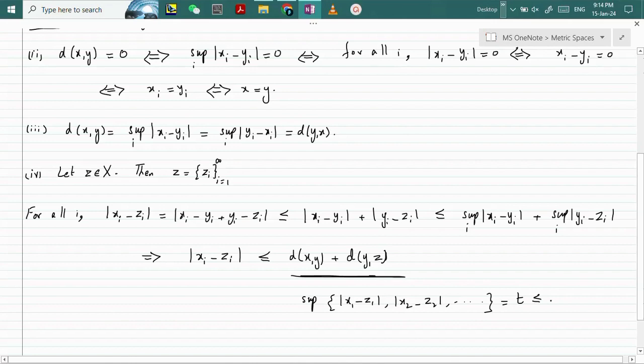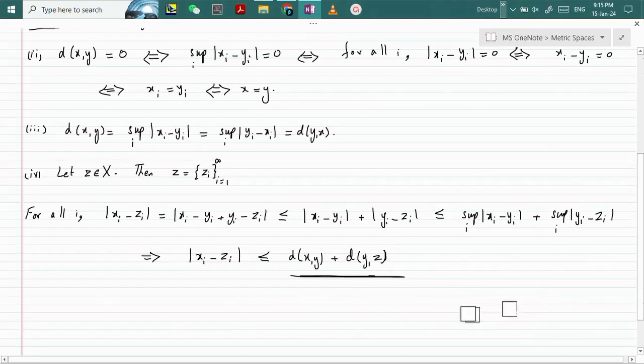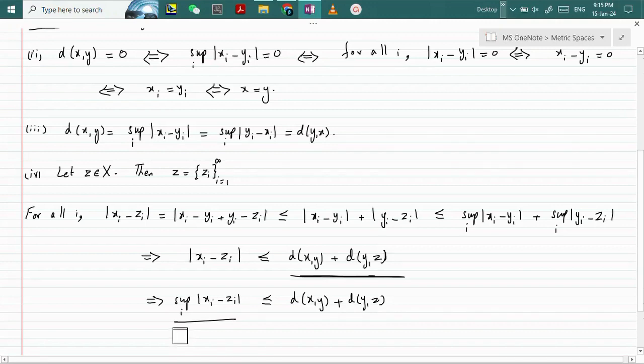So t will be less than or equal to d of (x, y) plus d of (y, z), because this value is an upper bound of the set mod of x1 minus z1, mod of x2 minus z2, and so on, and the supremum is the least upper bound.